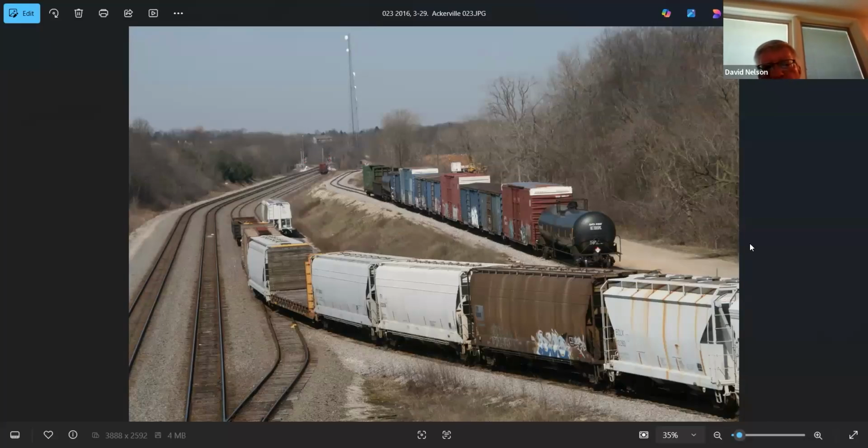The sharp grade going downhill is to a small two-track interchange yard that exists between the Wisconsin and Southern and the Canadian National, formerly the Wisconsin Central, formerly the Soo Line, off to the left. Those are mainline tracks off to the far left. And then this two-track yard is for interchange between the two, but it also serves another interesting use, which we'll get to in a short while.